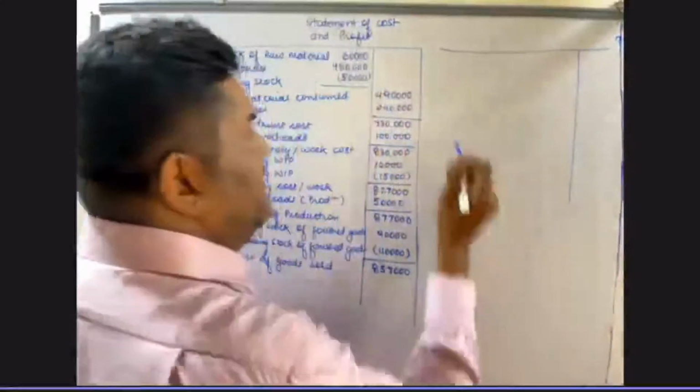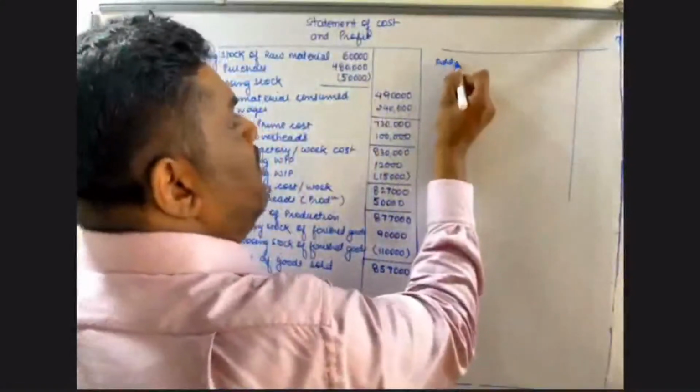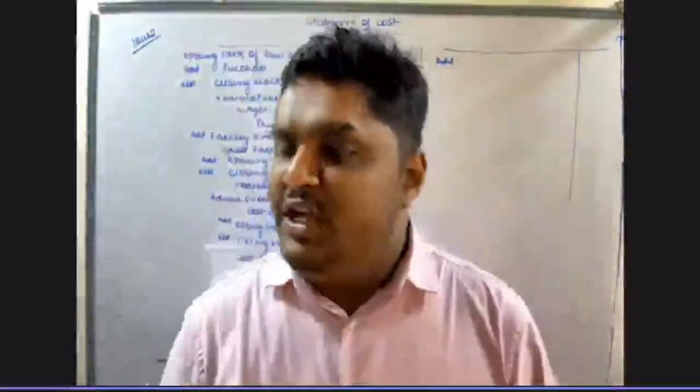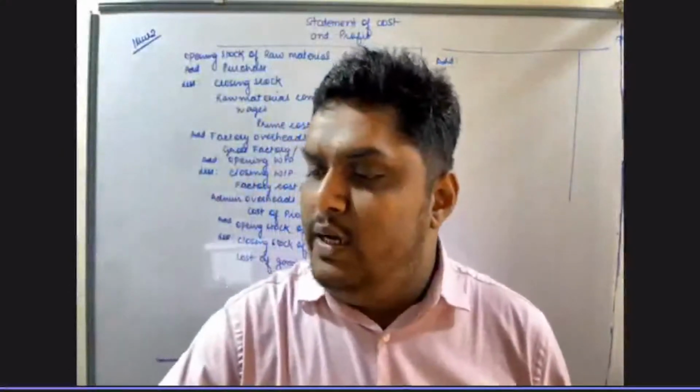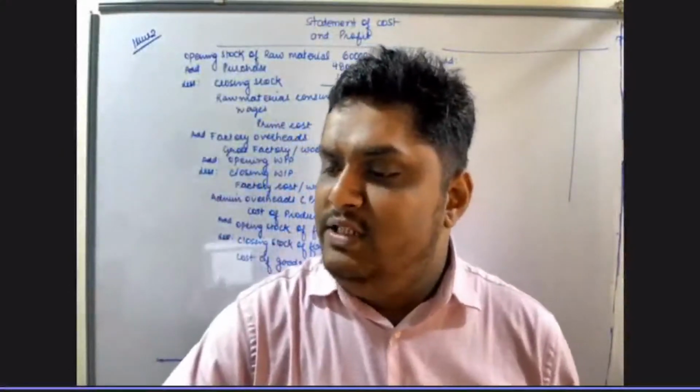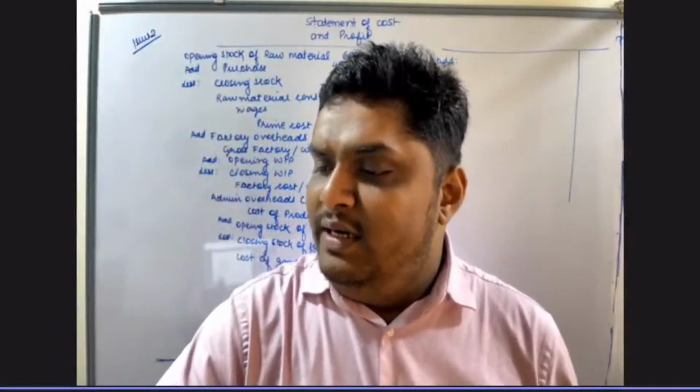In this, we will add the general administration expenses, selling and distribution overheads. So here the selling and distribution overheads are given, that is 25,000.